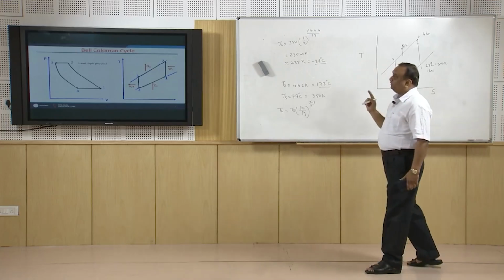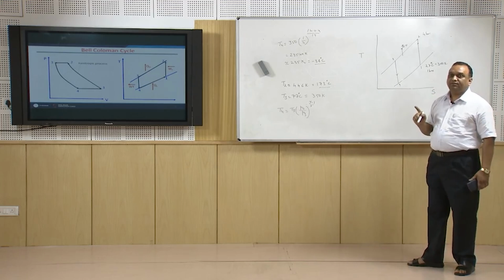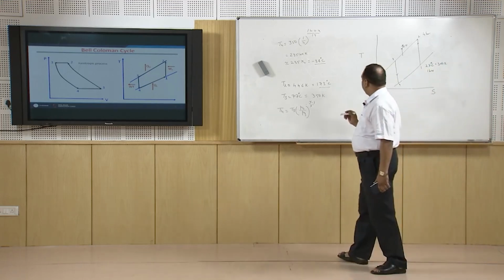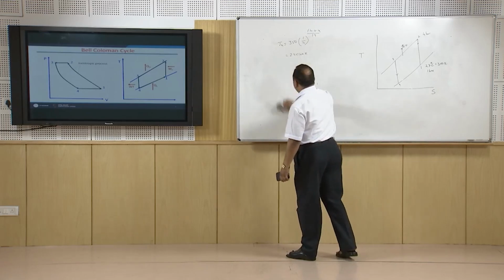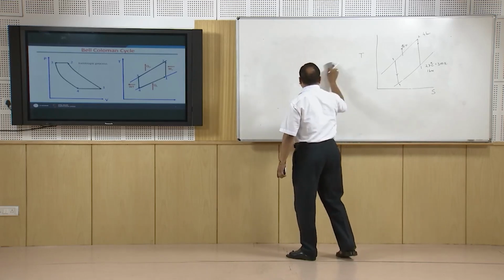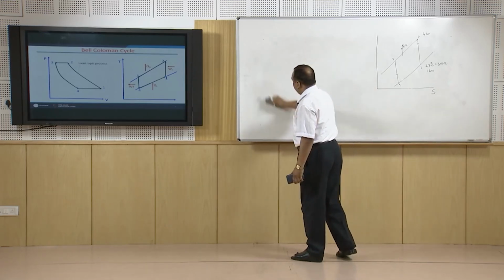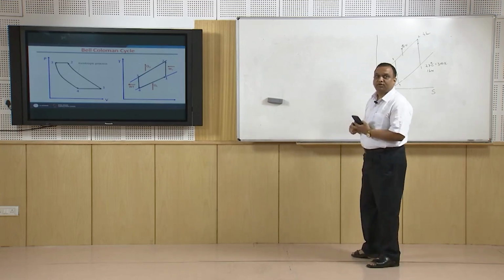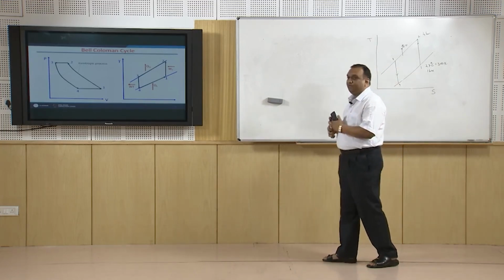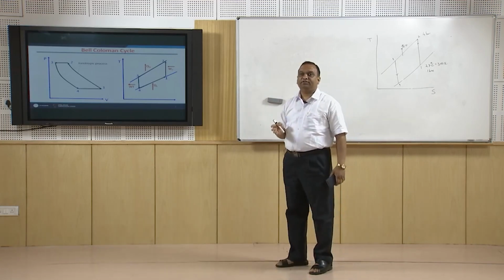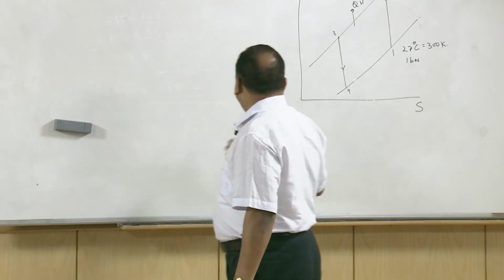So, with the help of this Bell-Coleman cycle, we can get very low temperature in the case of air. Now, after this, we will try to find the performance of this cycle. In order to find the performance of this cycle, we should know how much heat transfer is taking place and how much energy is consumed in compressing the air.